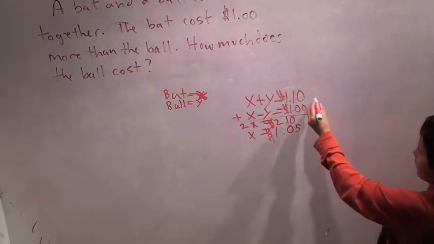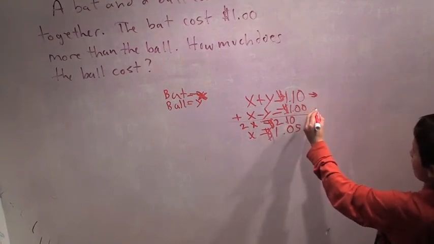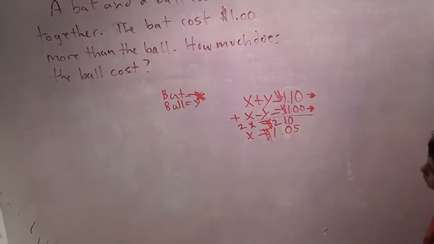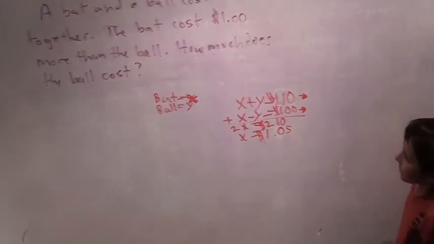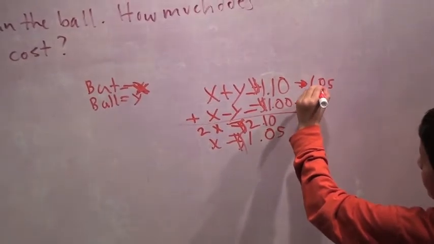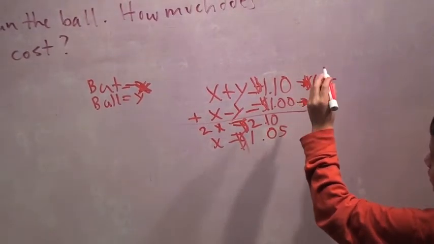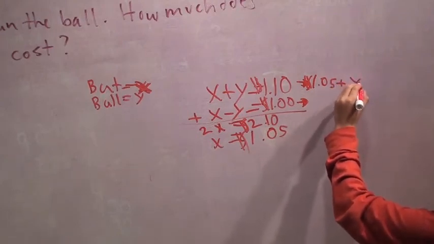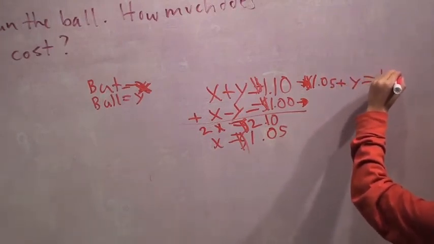Okay. These become $1.05 plus y equals $1.10.